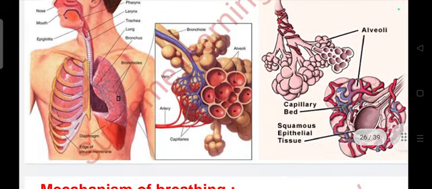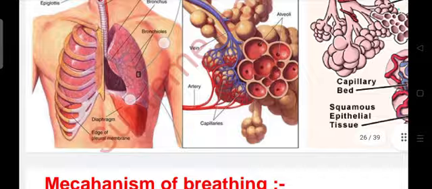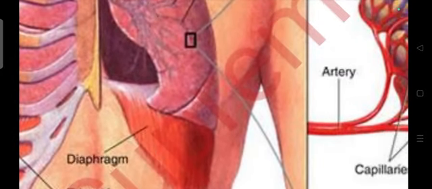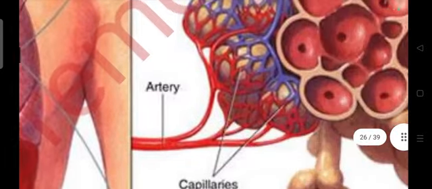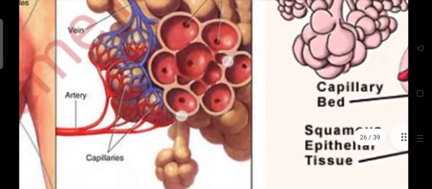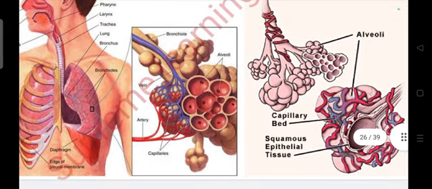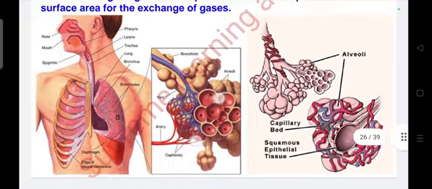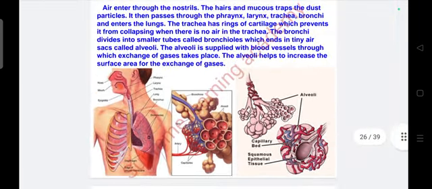So here in the lungs, small alveoli are there, like this. They are connected to the capillaries, so that helps in the exchange of gas with the blood.